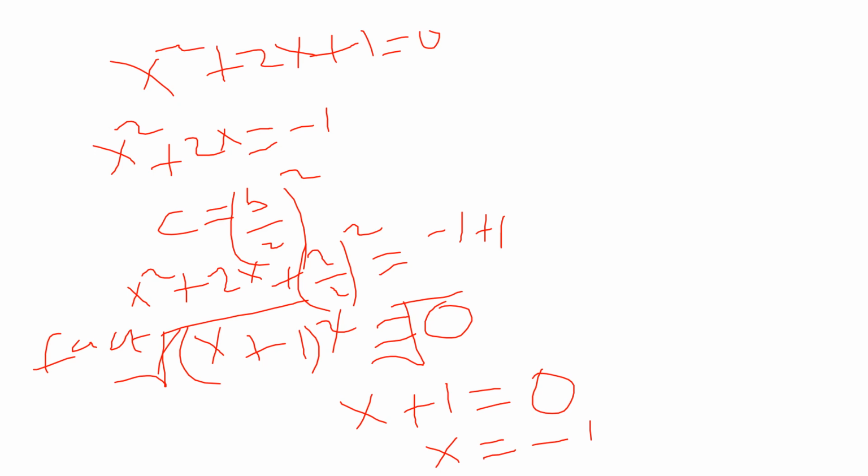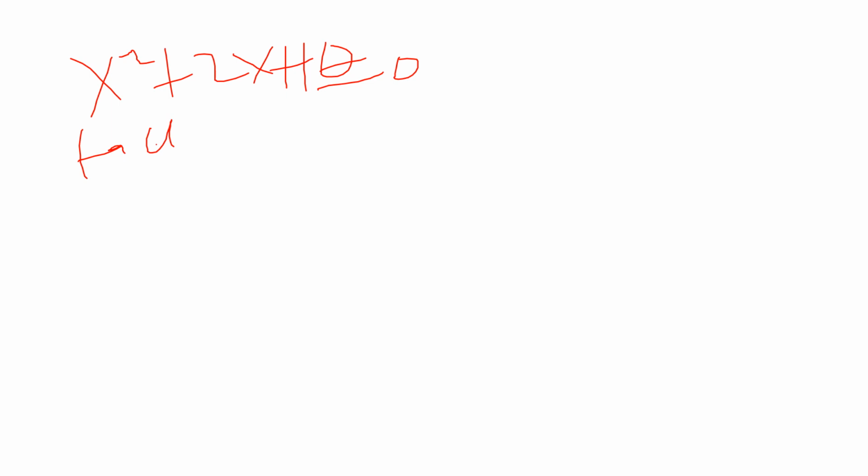the completing the square method. The next thing, we can solve the same equation, x squared plus 2x plus 1 equals 0, using the factorization method. We consider the product of a and c, and also the sum of b.